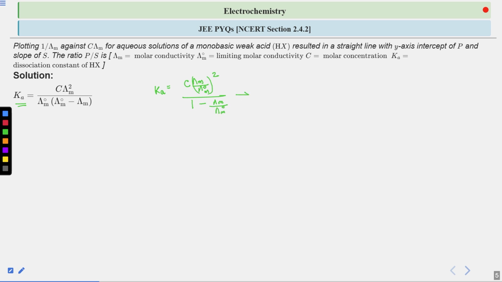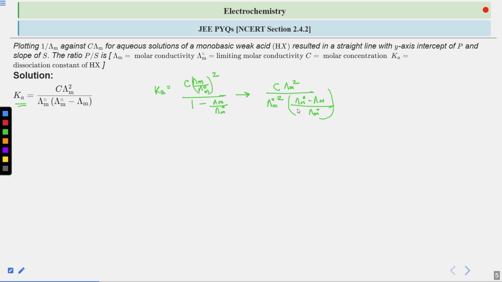This was the equation. Now when you simplify it, you take C lambda m square in the numerator, and this lambda m naught square will go in the denominator in the multiplication. So here we will have lambda m naught whole square, and for this 1 minus lambda m by lambda m naught we take the LCM, so lambda m naught will be there also. So lambda m naught minus lambda m by lambda m naught, this will become this. When you take the LCM at both the sides, this will become lambda m naught minus lambda m upon lambda m naught, right?